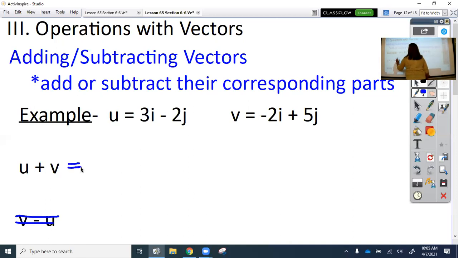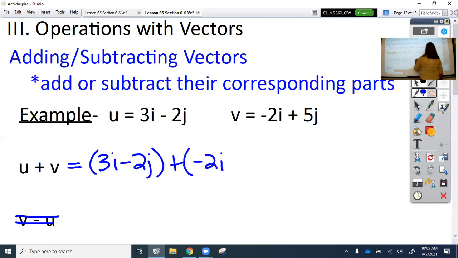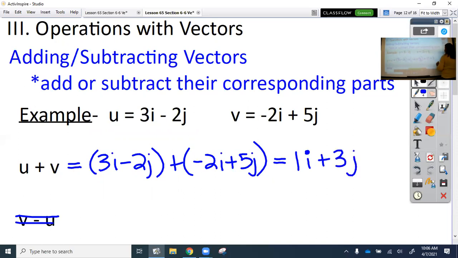You're going to add the two vectors together. 3i minus 2j plus -2i plus 5j. Here, the I and the J don't act any different than a variable when we combine anything. We just add them. So my I's give me 1, so 1i or just I, and my J's give me 3, so 3j. There's no catch, that's it.